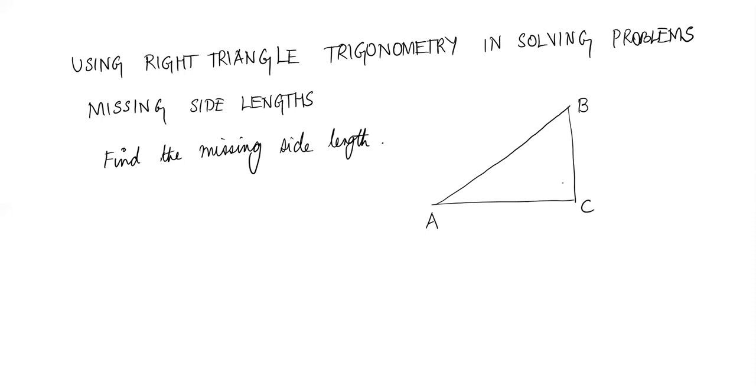So you have A, B, and C. The norm is that when we write them as A, B, and C, you can choose any corner to be A, B, and C, that's fine. But once you have fixed the positions, the side opposite capital A will always be small a. The side opposite capital B will always be small b. The side opposite capital C will always be small c.